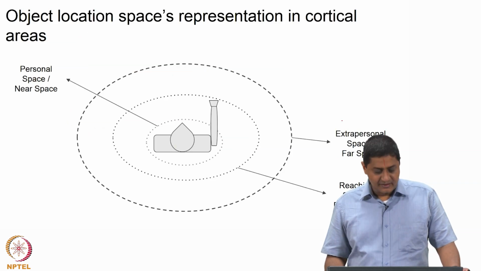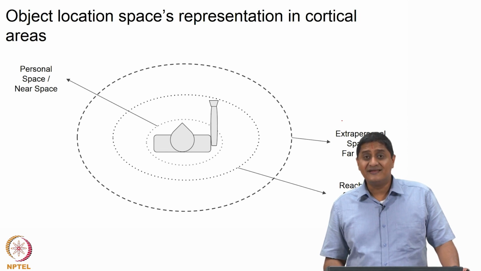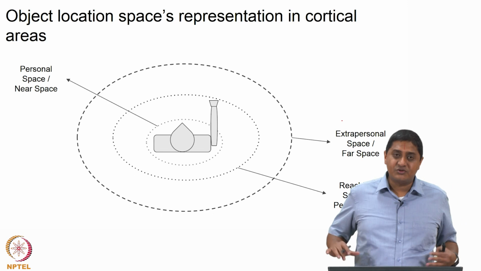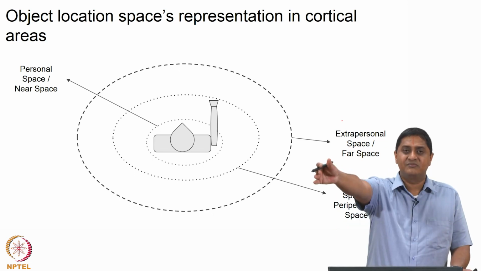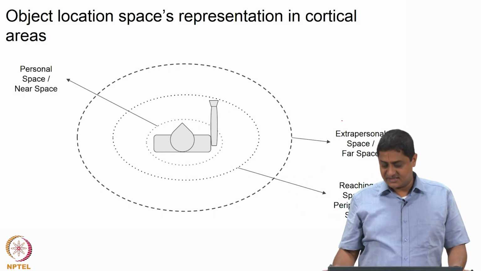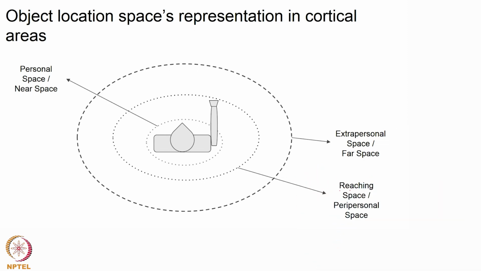And of course, the idea that Newtonian physics alone cannot explain the cortical mechanisms that underlie motor planning. Something that we discussed in the previous class is the notion of near space. The space that is closest to my body is called near space, and the space that I can reach by extending my limbs is called peripersonal space or reaching space, and the space that I can view, but not necessarily reach without actually taking a walk, for example, if I am not able to reach, then that space is called far space or extrapersonal space.